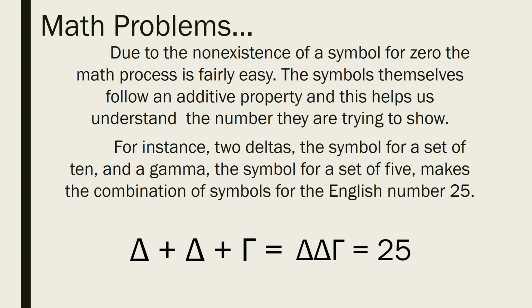Like a delta stands for a set of 10. If you had 10 M&Ms in a bucket, you would symbolize it with a delta. So if you do 2 deltas, that's 20, and then because you added the penta symbol, that would make it 25. And these combinations of symbols are what create the larger numbers for them, and create an easy way to show what they are dealing with.